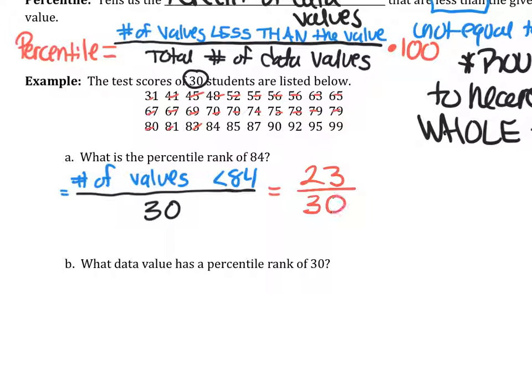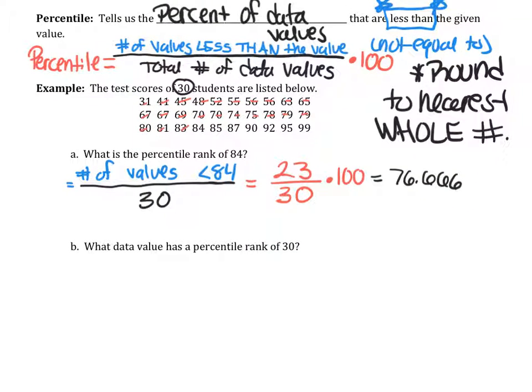You divide by 30. You need to multiply by 100. So this will, not 1,000, 100. This will equal 76.666 repeating, right, when you do that. However, again, with percentiles, we always round to the nearest whole number.